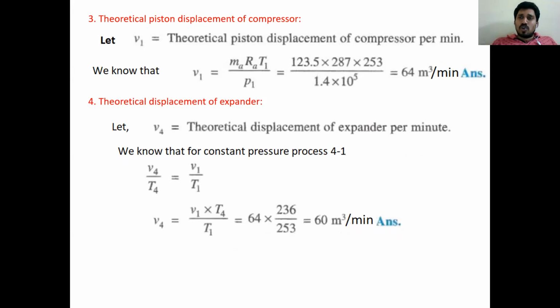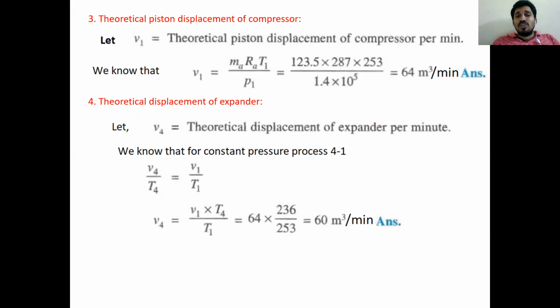For process 4-1, if you observe, it is a constant pressure process for heat supplied. At constant pressure, the relation between temperatures and volumes is V4 by T4 is equal to V1 by T1. Everybody knows this equation where pressure is constant. So here I am simplifying that V4 is equal to V1 into T4 by T1.